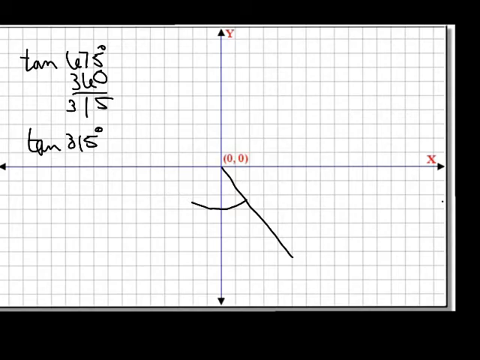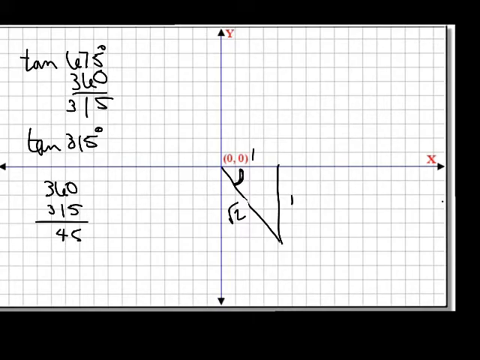So let's get rid of this. In fact, what angle is that? 360 minus 315 is going to give me a 45 degree angle. So this is 45. So I know this is 1, this is 1, this is square root of 2.